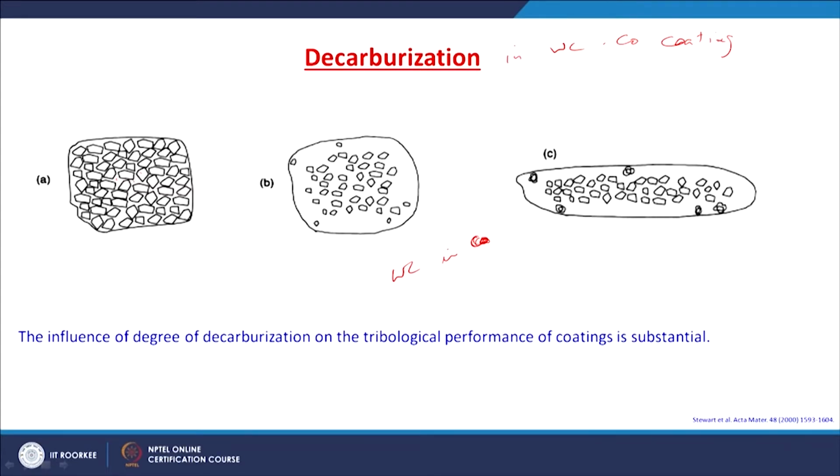At high temperatures during coating, the tungsten carbide will dissolve, and when they impact, they become lens shaped, like a splat. They coalesce with each other and form a lens shape, so you have a flat lens shaped coating on this substrate. So, the decarburization has to be controlled to improve the tribological performance. But we will see this in some other case studies.